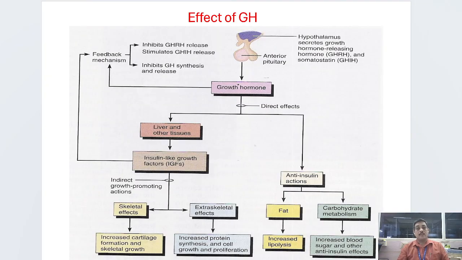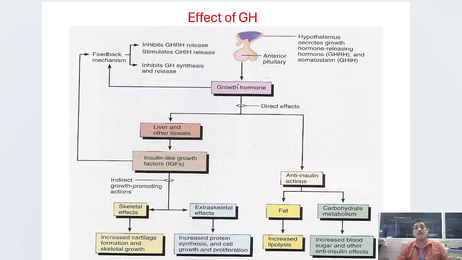What are the effects of growth hormone? This is the first hormone that we are going to discuss in today's class. Growth hormone production starts from the hypothalamus, wherein the hypothalamus secretes two important hormones, one for promoting the secretion and one for inhibiting it.